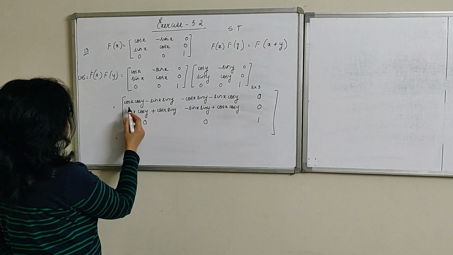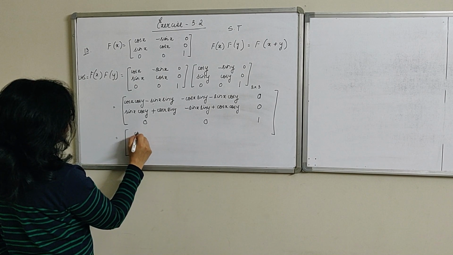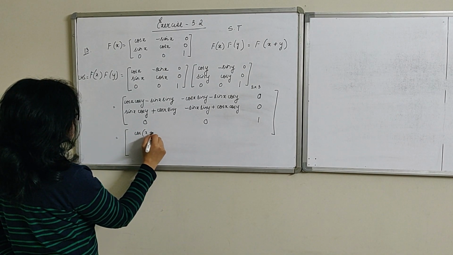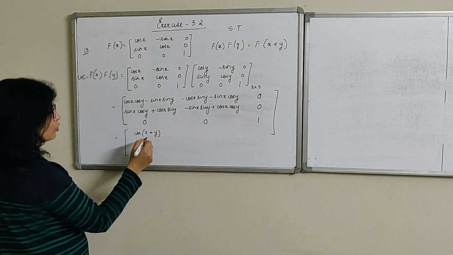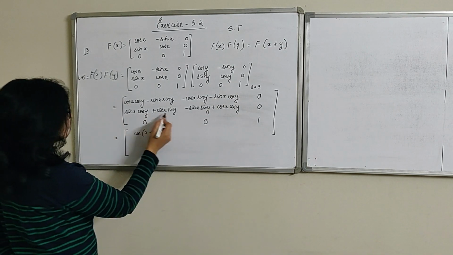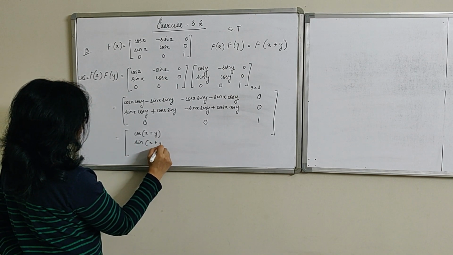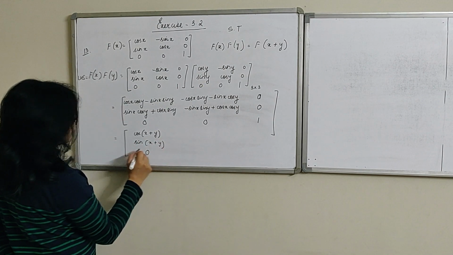So here it is cos x cos y minus sin x sin y, which can be written as cos of x plus y. That's the formula for the cosine of the compound angle x plus y. This is the formula for sine x plus y. The third element is 0.